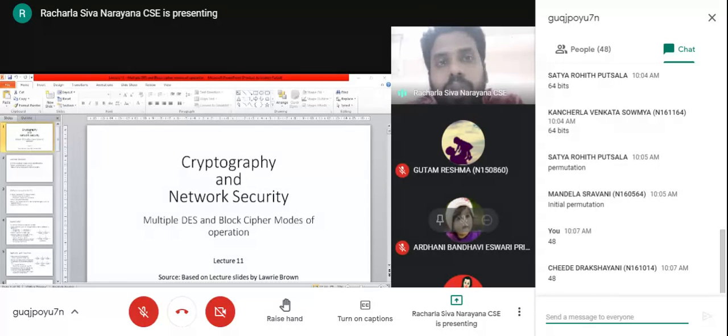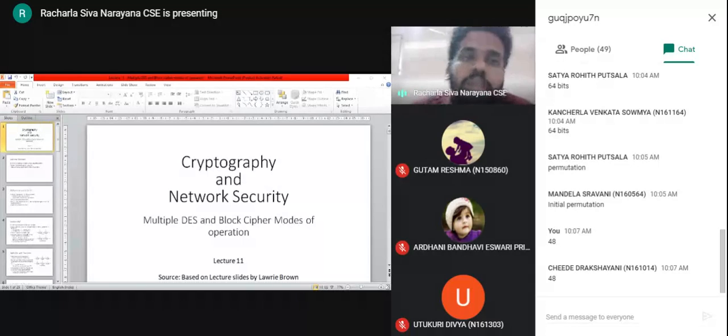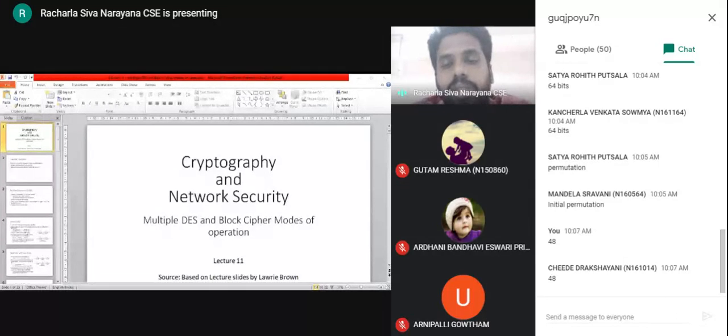That is called expansion permutation, done by using a table. And then these 48 bits are given as input to the XOR operation, along with the key. The key also has 48 bits, and the expansion permutation result also has 48 bits. So both are XORed and we get a 48-bit result.